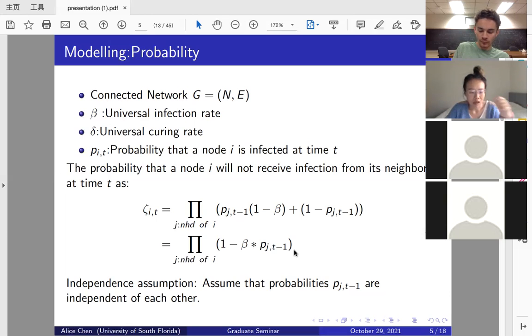Actually, this is a Markov chain. It could be modeled as a Markov chain with 2 to the n states. So you have 2 states and n nodes, so there are totally 2 to the n states. Well, it's kind of hard to compute.